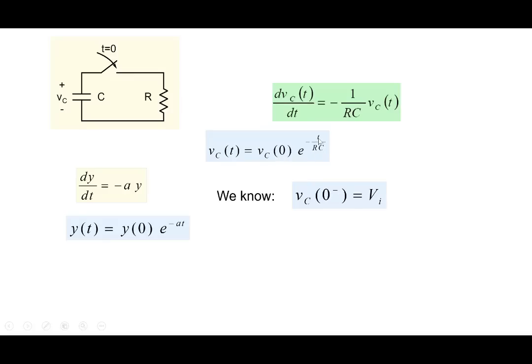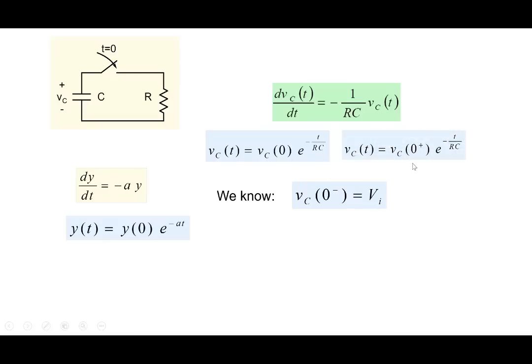So if we put t equal to 0 here, we'll get Vc0 here. So immediately after the switch is closed, that is equal to Vc0 plus. But we know that the voltage across a capacitor cannot change instantaneously. So Vc0 plus will be equal to Vc0 minus, and we are assuming that we know the voltage prior to the switch closing, which we take as Vi, right?